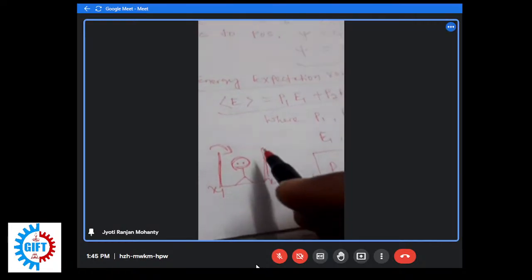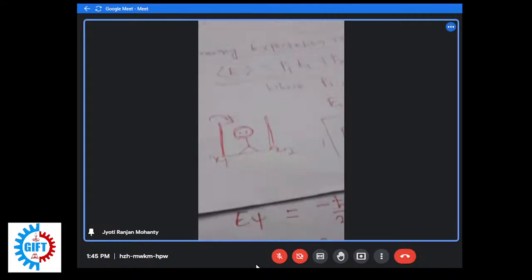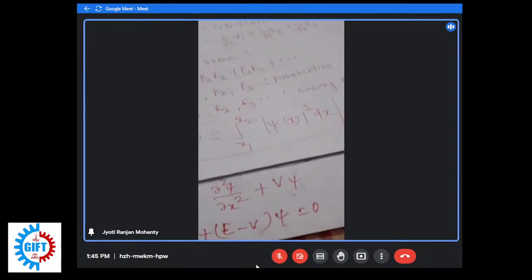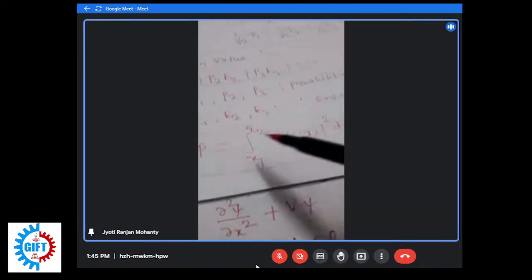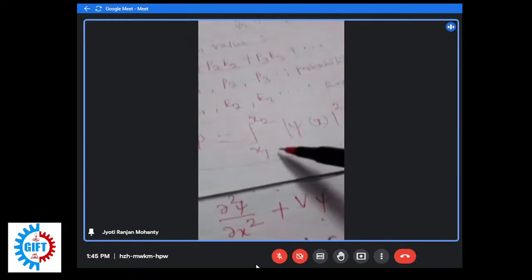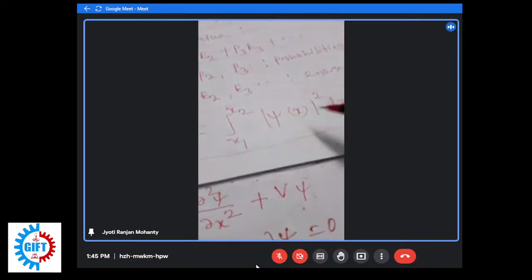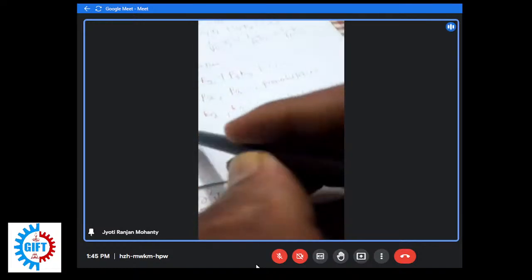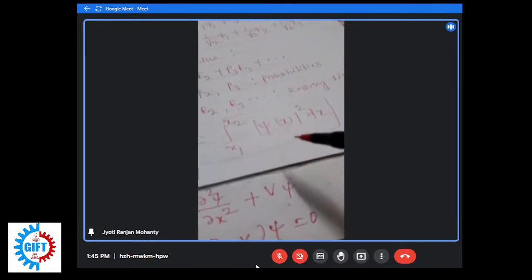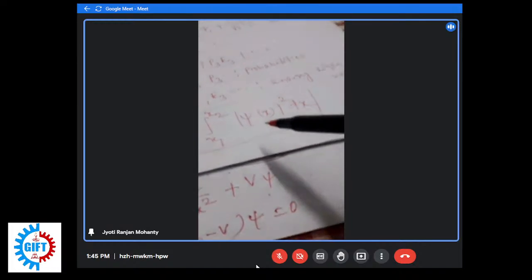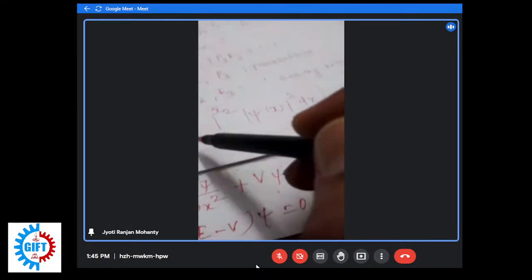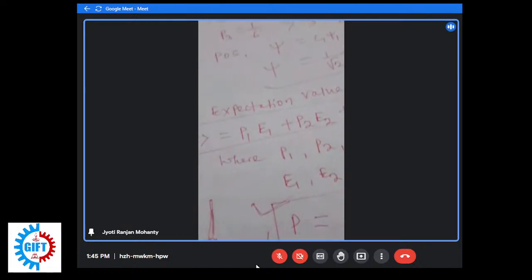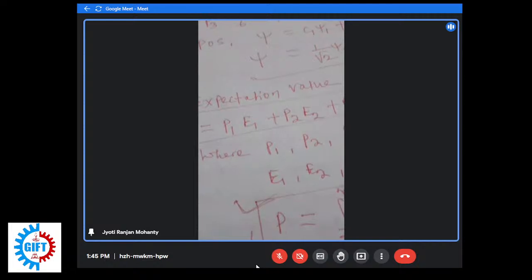Am I right? So what is the probability? The probability of finding the frog inside the well is P is equal to integration x1 to x2 psi(x) mod square dx. So you apply this formula to find the probability of finding the particle in between x1 to x2. On your numerical, we have to discuss later.